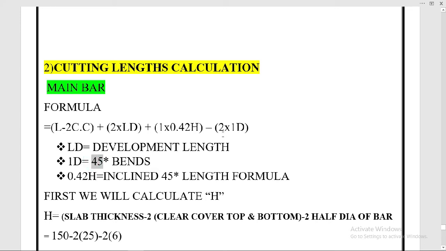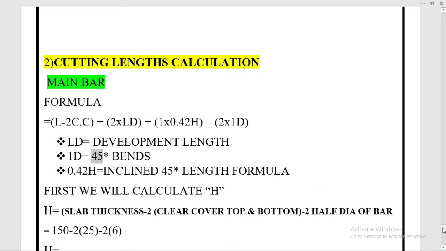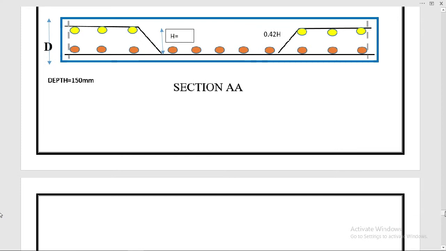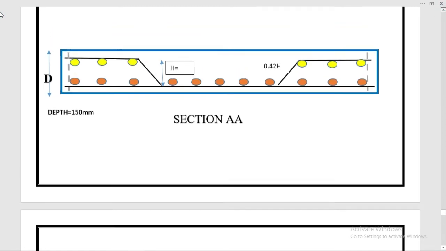So that's why we multiply with 2. You can see this is one 45 degree bend and this is the other 45 degree bend. So we have two 45 degree bends in one bar.